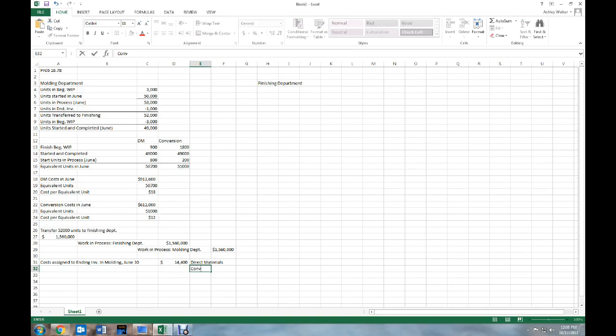Now let's do the same thing for conversion. So we had 200 equivalent units there. That's where we calculated this. So that's our ending work in process. And conversion costs are $12.